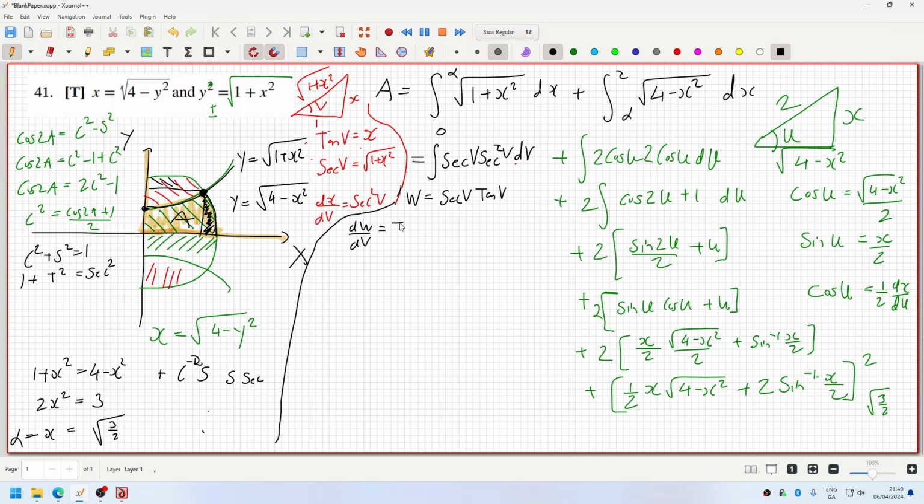So that's tan v sec v tan v. So that's tan squared plus sec cubed, because it's sec by sec squared, sec cubed v. So the integration of sec cubed v would be w with the limits, sec v tan v with the limits, minus the integration of tan squared v sec v dv.